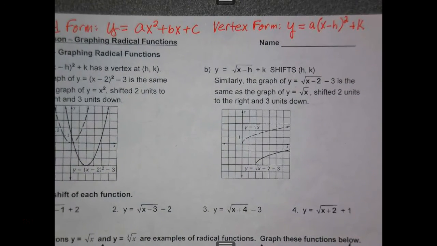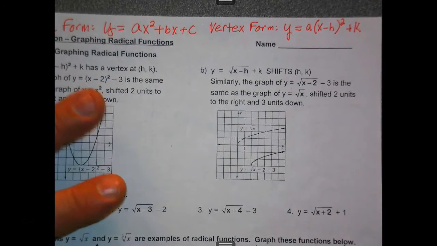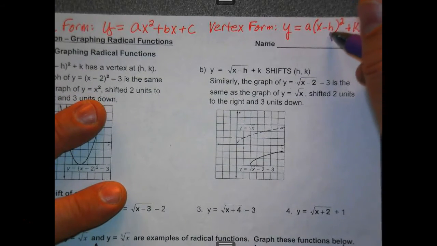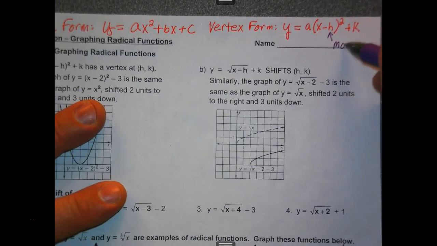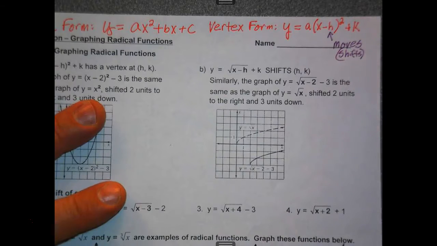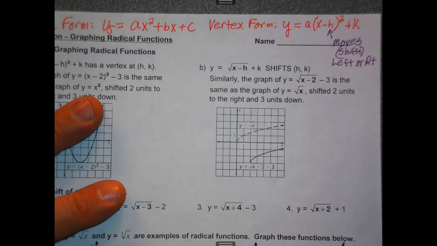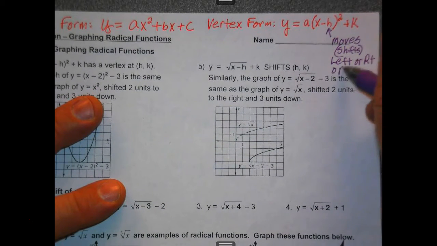What does the h do? Just like our absolute value function, what does the h do? Moves or shifts. Which way? That's right, left or right, and it's the opposite sign. What does the k do?